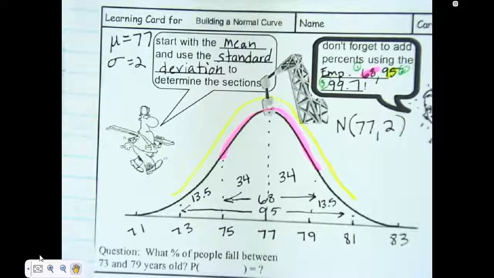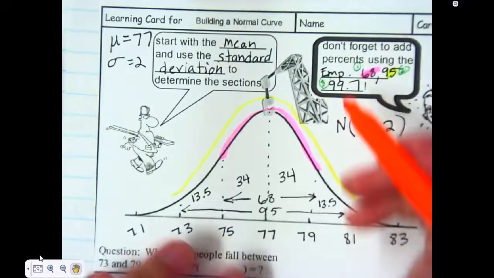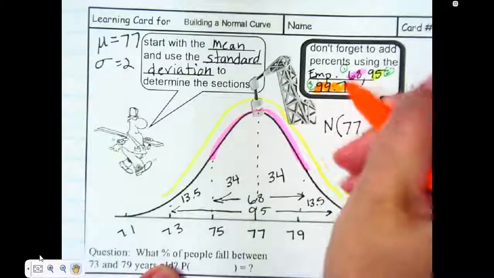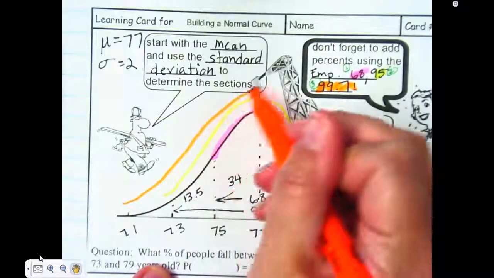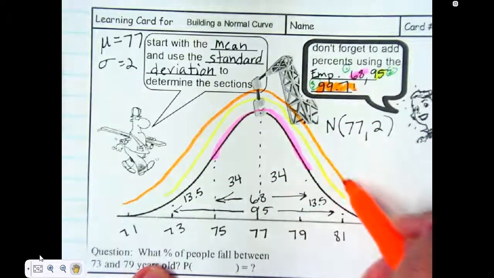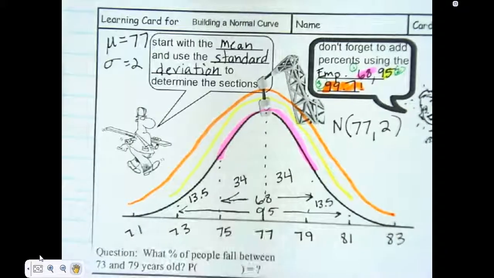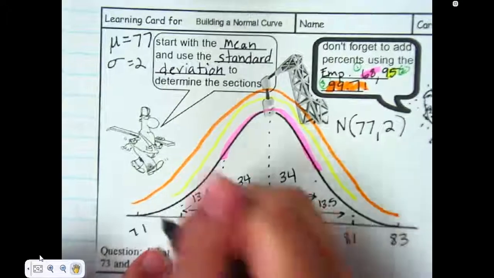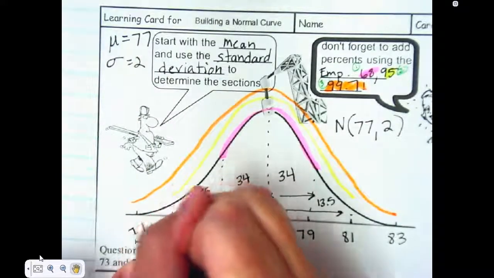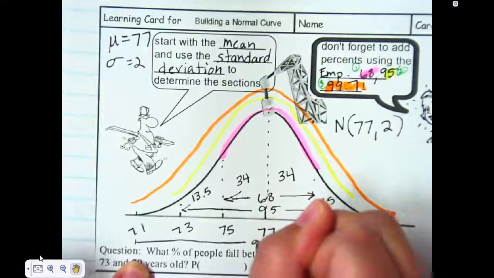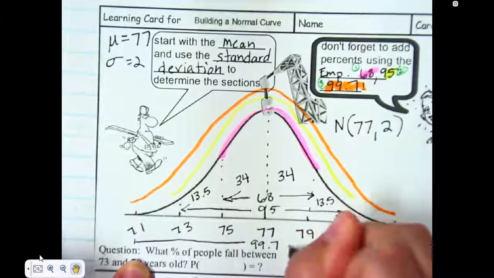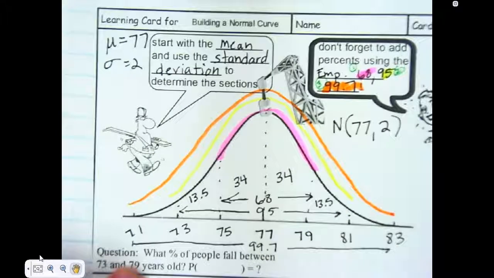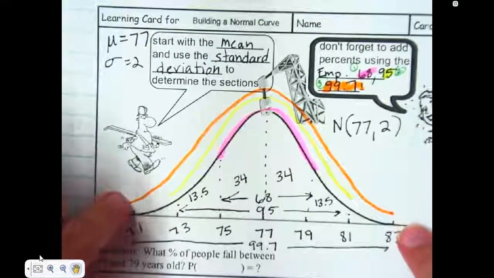Okay, and then the last percent was the 99.7. I've got that right here. That is going to be from there to there. And I can go ahead and write in that from this little end to there is approximately 99.7% of the data. So you'll notice there's going to be 3/10 on the outside.